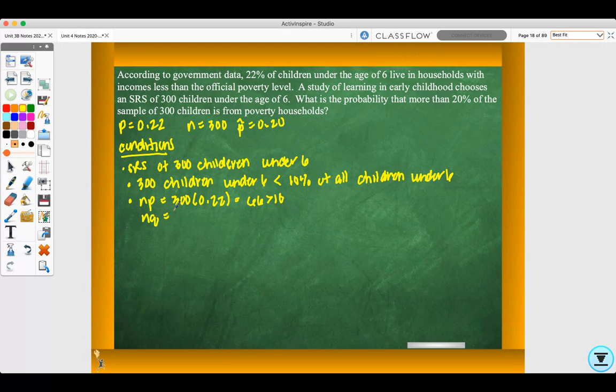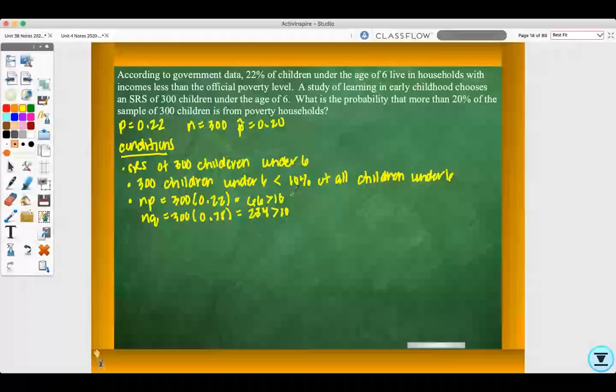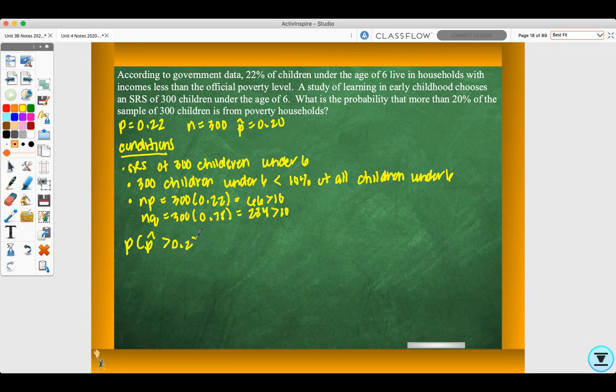And nq is 300 times 0.78, which equals 234, which is also greater than 10. So all our conditions check. So we need to find the probability that p hat is greater than 0.2.